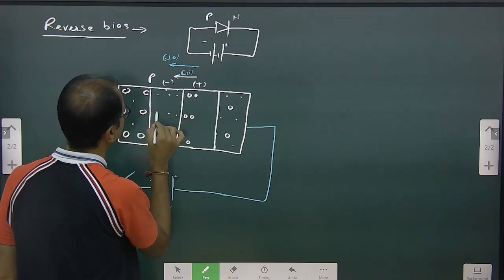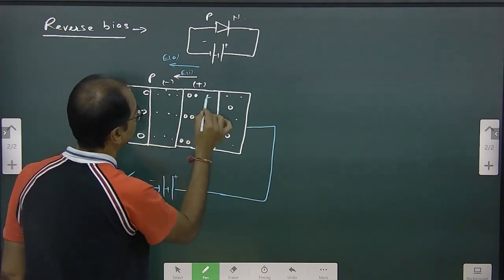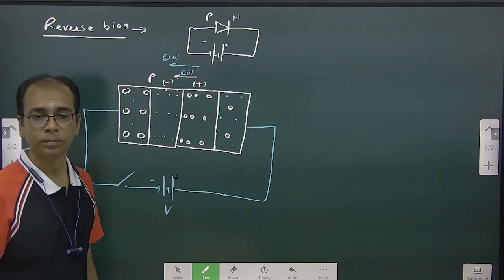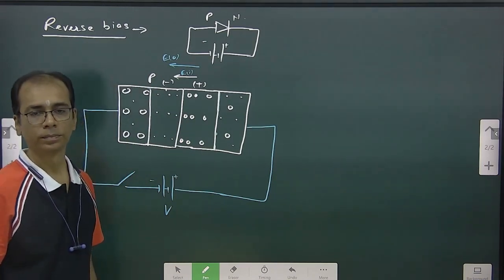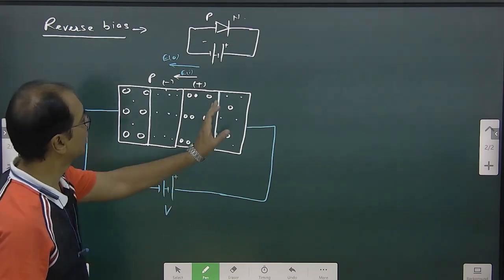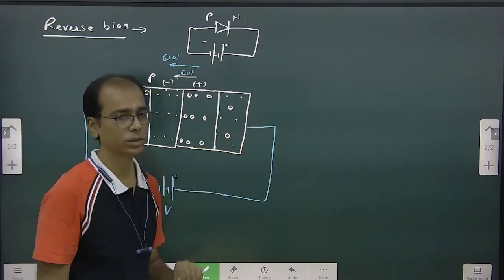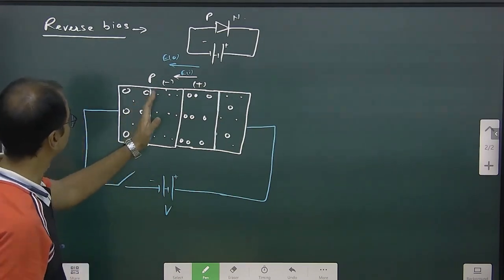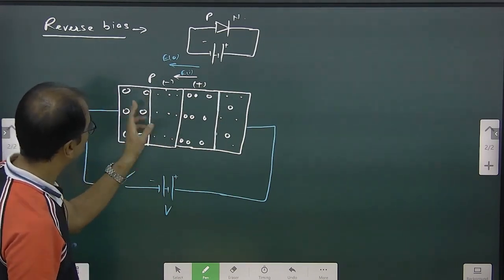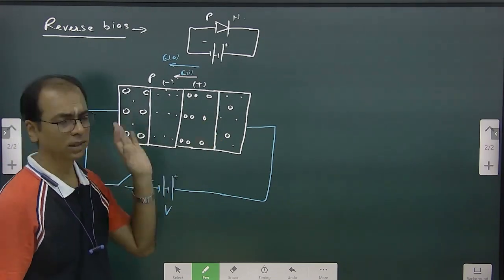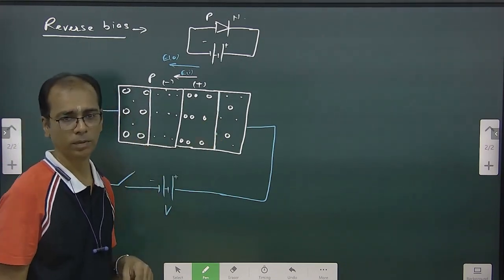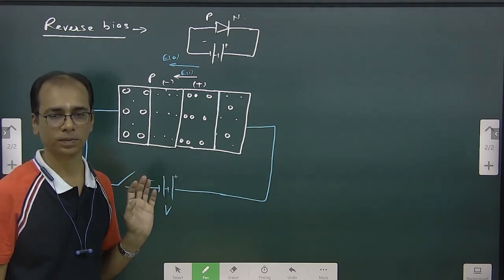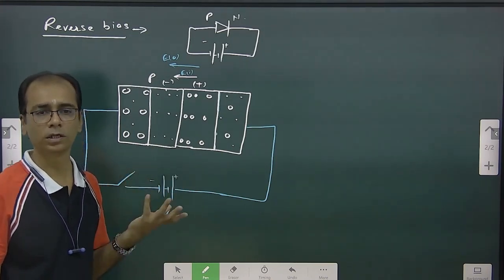This has increased, more potential. Right, what has happened now? As I said, on these electrons there is a force in this direction, and on these holes also there is a force in this direction. So these minority charge carriers can still move. We will have a very small drift current, but other than that there is not much current in this one. No current is possible.